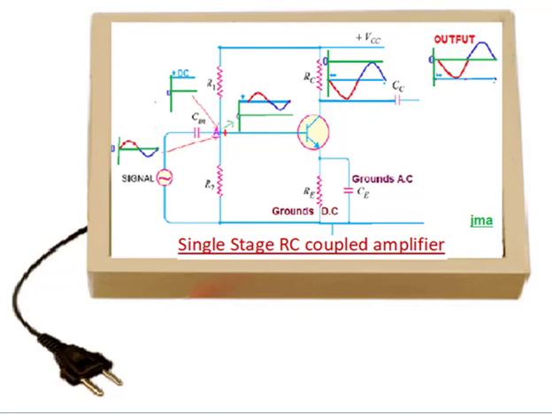This stage is coupled with another stage, and for the coupling purpose, a resistor and capacitor are used. So it is named the RC coupled amplifier.